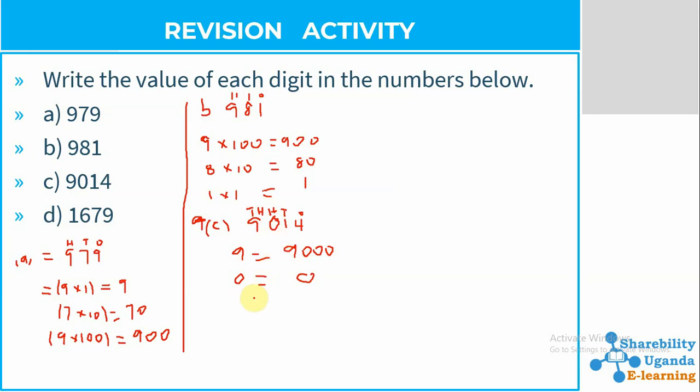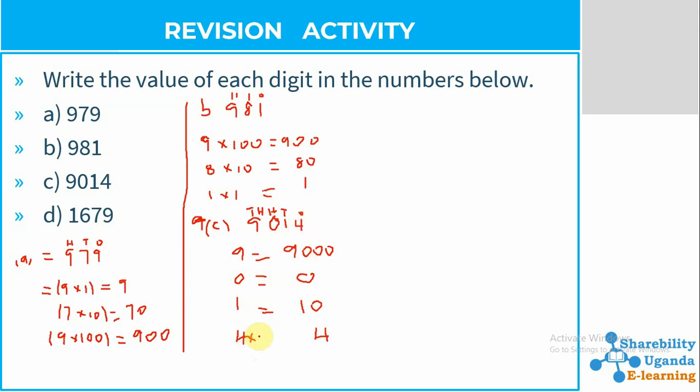Then we say our 1 times 10. This one is going to be 10. We got it from 1 times 10. Then our 4 is going to be 4. Where are we getting 4? Because we are saying 4 times 1.